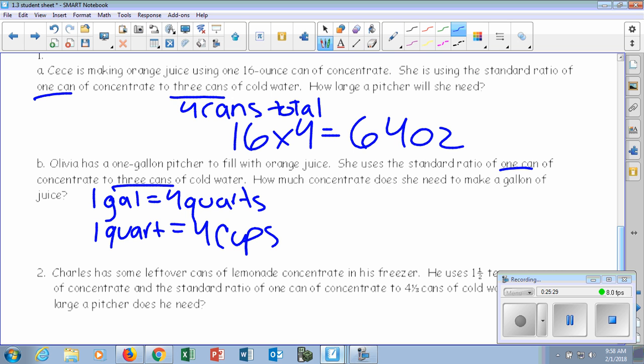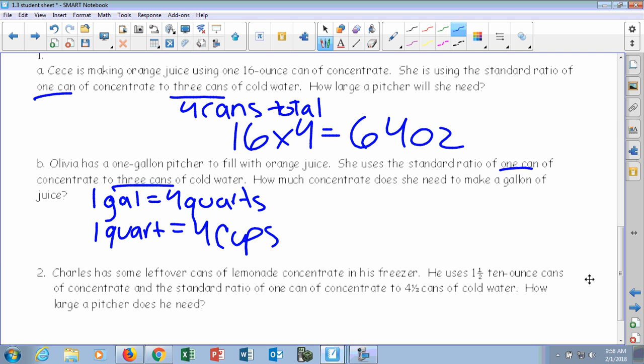So if I have 1 gallon, how many cups would I have total? Using those conversions.